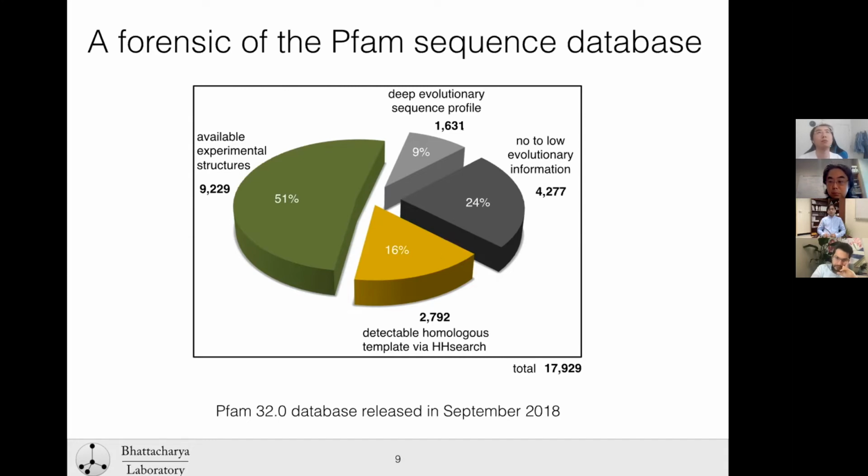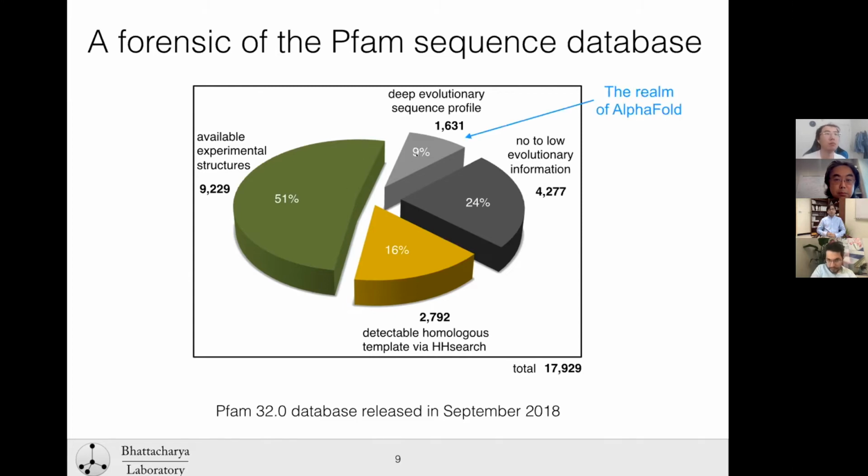Then there are an additional 9% of families, approximately 1,600, for which sequence profile information is available, and the evolutionary sequence profile is rather diverse and deep. That means methods such as AlphaFold can accurately predict the distance maps for this part of the families.